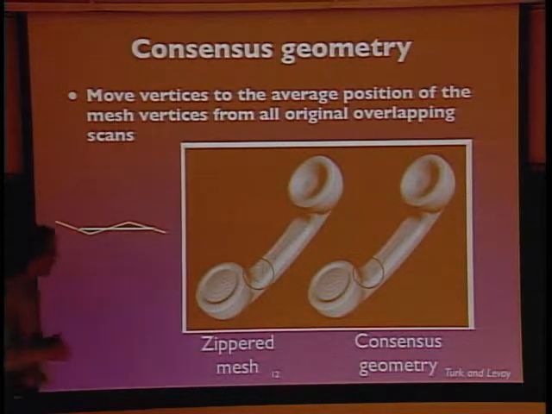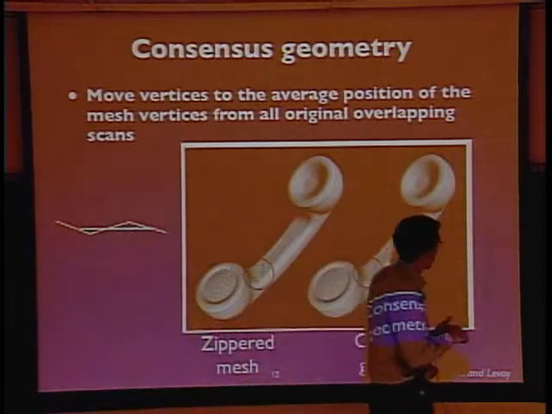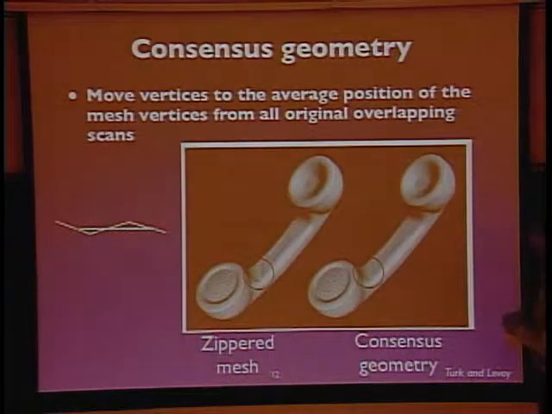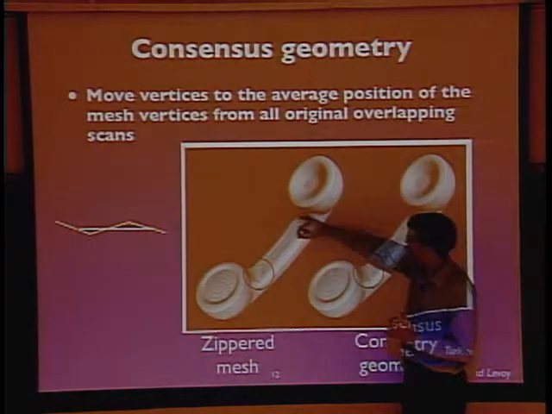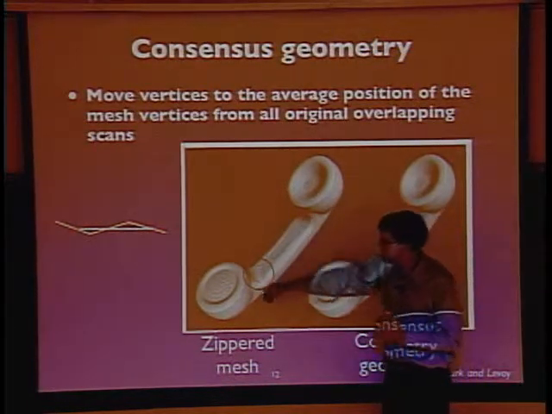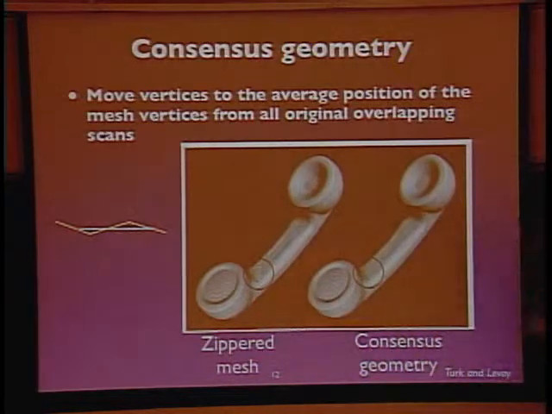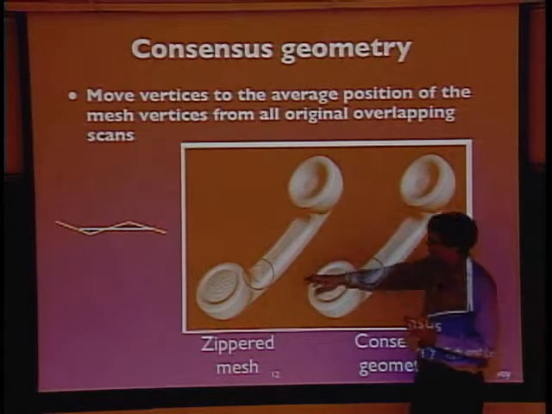And the example on the right here shows what can happen if you do this. On the telephone receiver, if you take two 3D scans of it, it turns out that the parts that are closest to the receiver ends end up being fairly noisy. And so you can see that there are these kind of pockmarks.